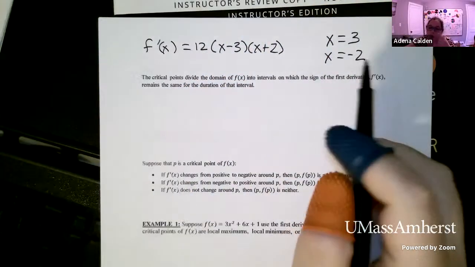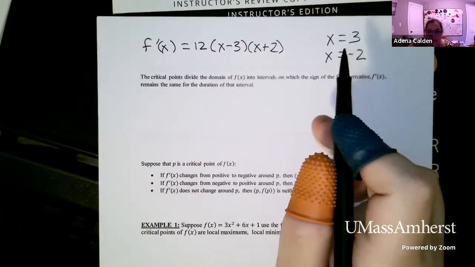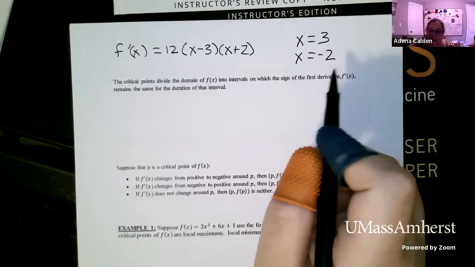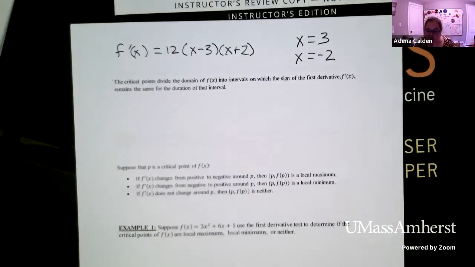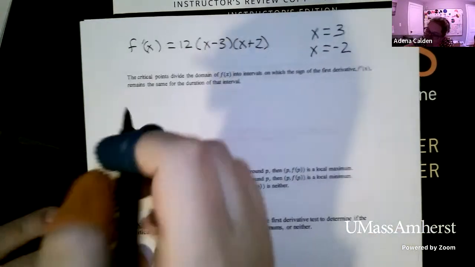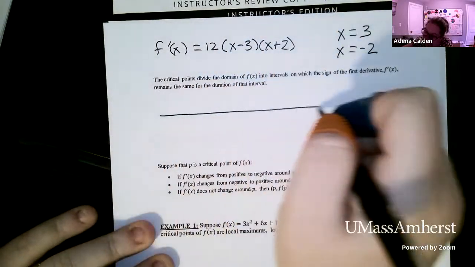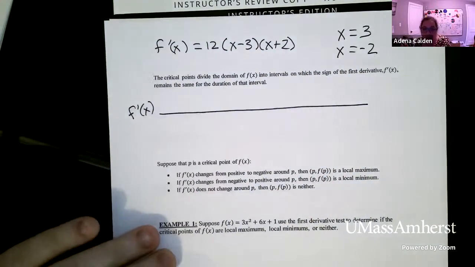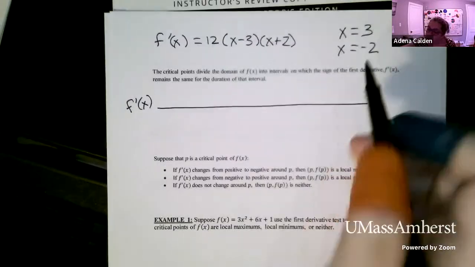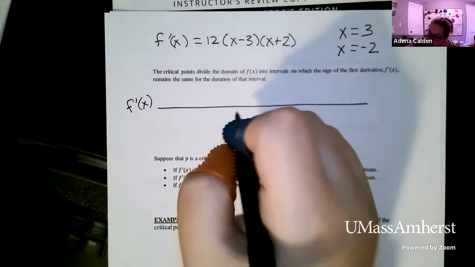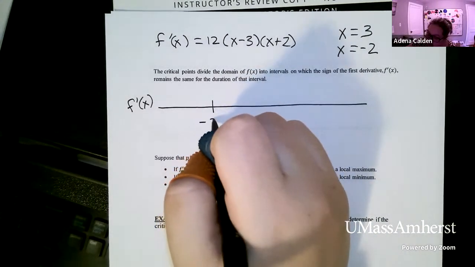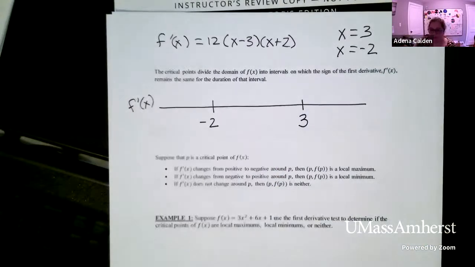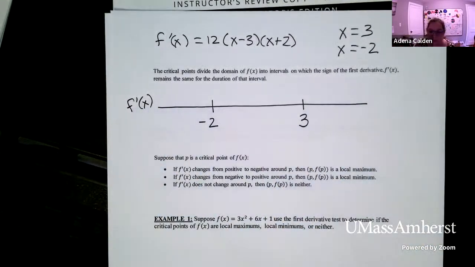We want to take our critical points and divide them onto a number line of the first derivative. That means we are going to take a line like this and label it f prime of x. We're interested in the first derivative, and we are going to put our critical points onto this line. Just like you would a number line, we want -2 to come first and 3 to come second, because in a number line, we go in increasing order.